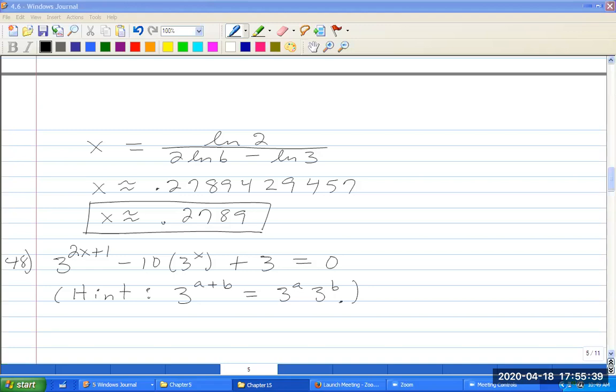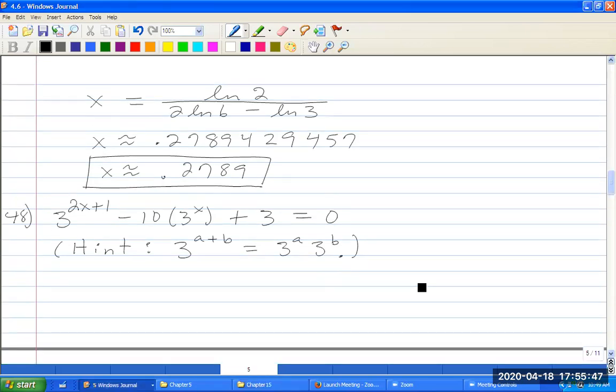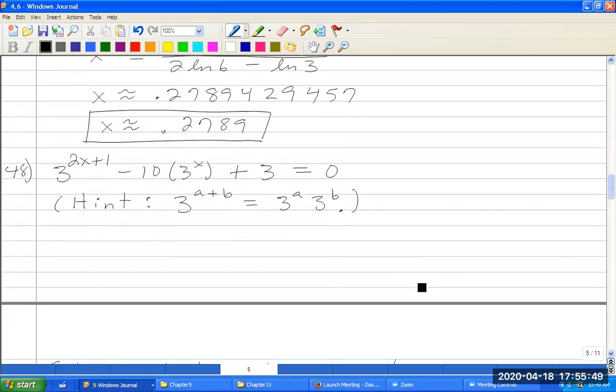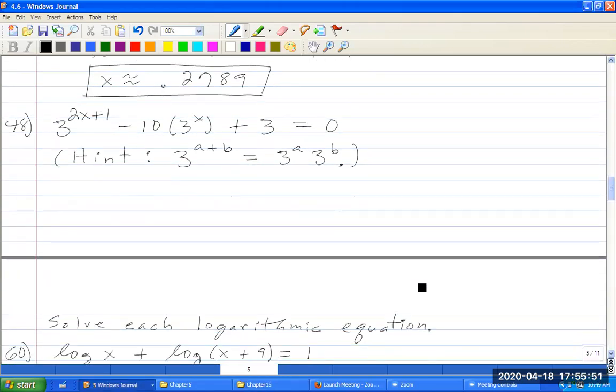So let me do this. Okay, it's finally moving. So let me rewrite this. 2x plus 1 is just 3 to the 2x times 3.